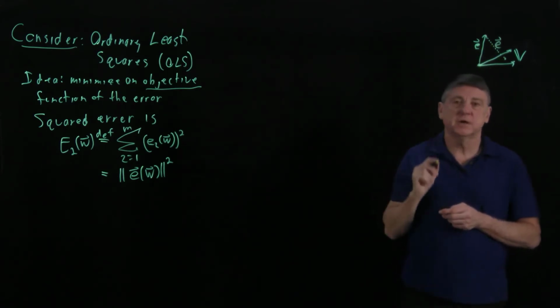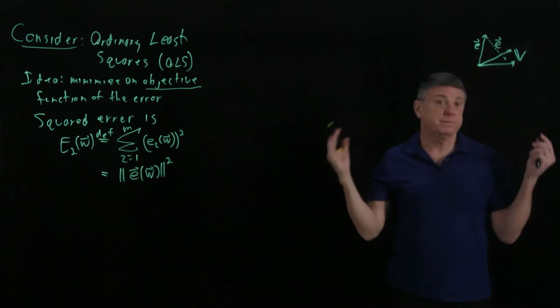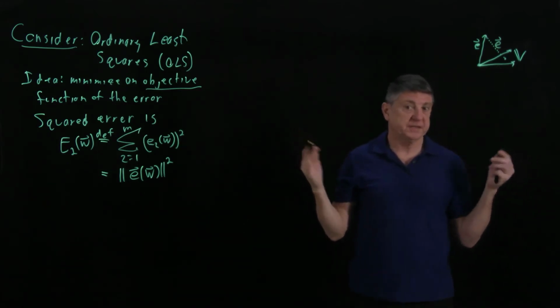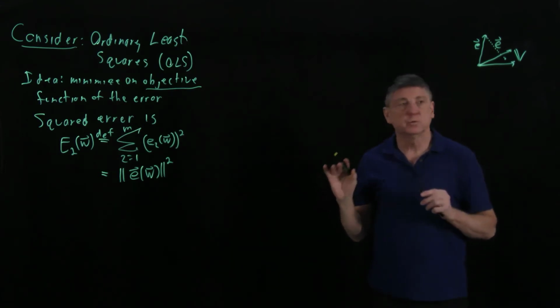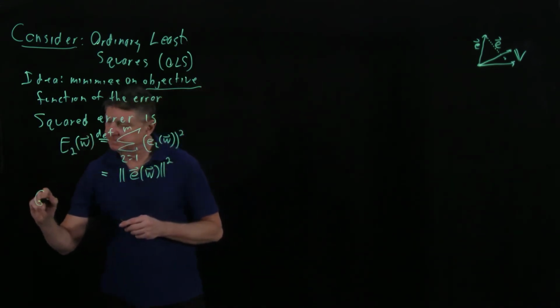And E was in the orthogonal complement of this vector space, for the bigger vector space that it was living in.